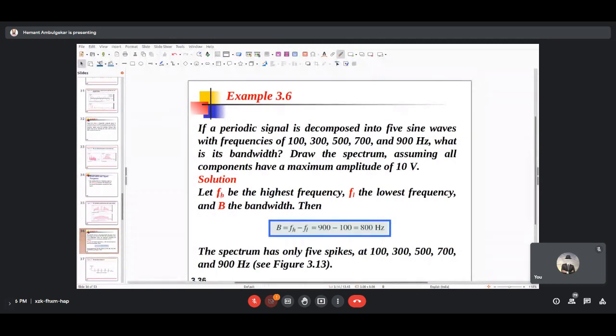And the spectrum has only 5 spikes at 100, 300, 500, 700, and 900.